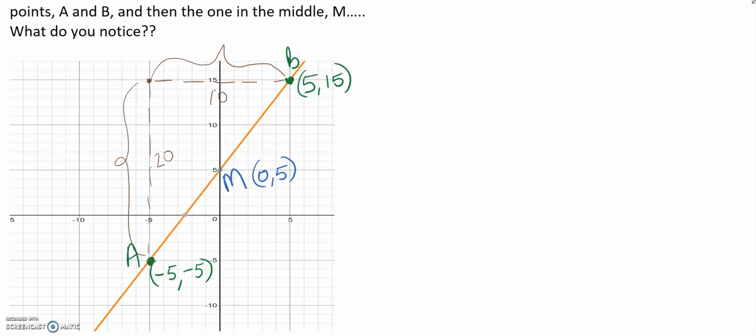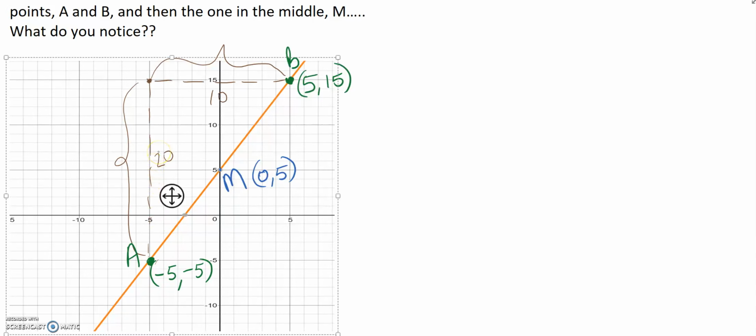So what can you say about this 10 and 20, and then also the midpoint of 0 and 5? Is it the midpoint? If I want to go from A to B, vertical distance, halfway there is going from there to there. So half of 20 is actually 10.